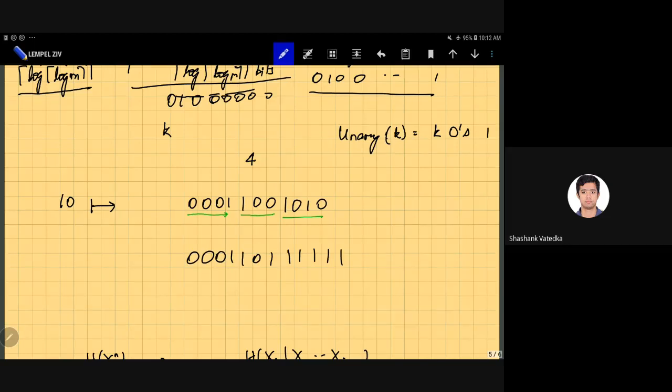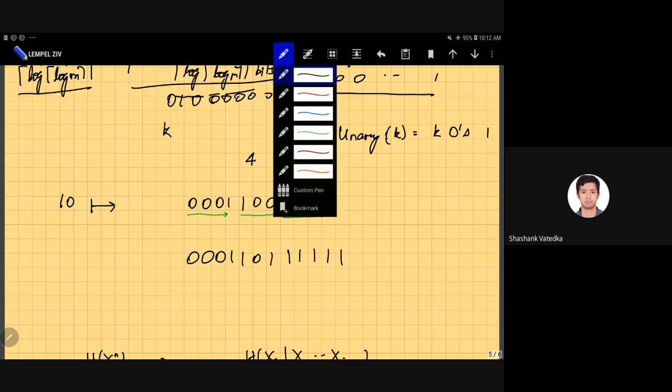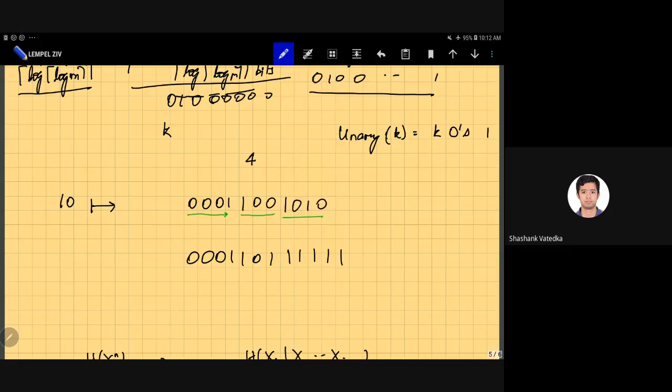Now can you tell me how this will work? So what number does this represent? You first start by reading the first few bits. So what is log m equal to? It's 3, right? The 3 zeros followed by 1, so it's going to be 3.